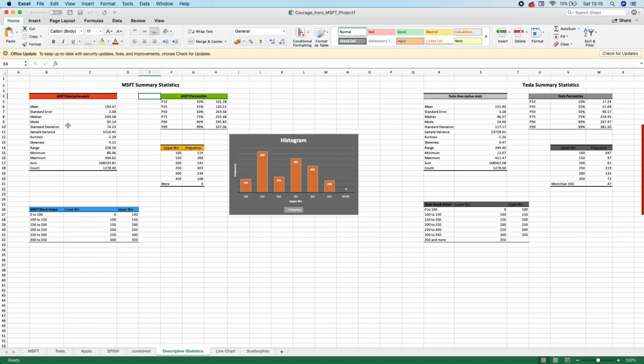So the lower the standard error, the better the distribution of sample that you have, because it shows a good reflection of the population. Your standard deviation is basically just the distribution of the population, and your sample variance just shows the variability of your distribution.